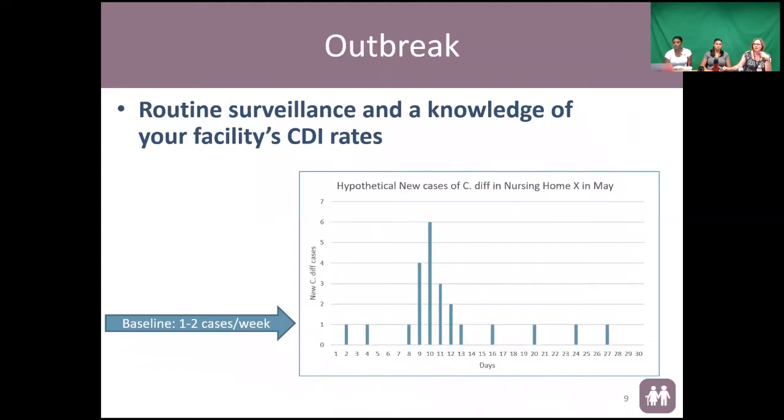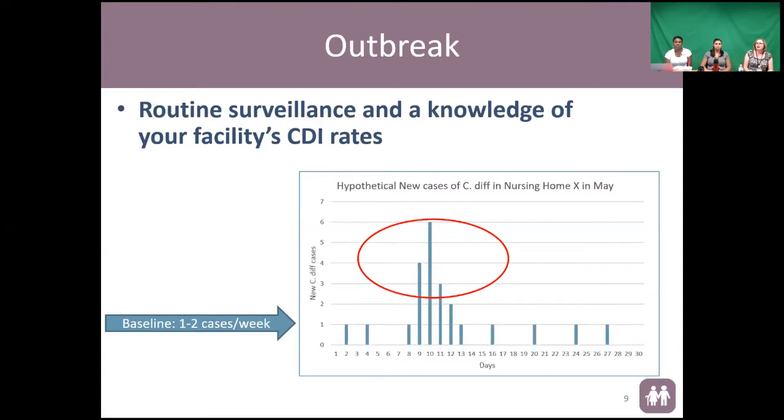There are 100 residents in this nursing home, and you can see that the baseline, this nursing home experiences 1 to 2 cases a week, so that would be the baseline. And so 1 to 2 new cases a week.